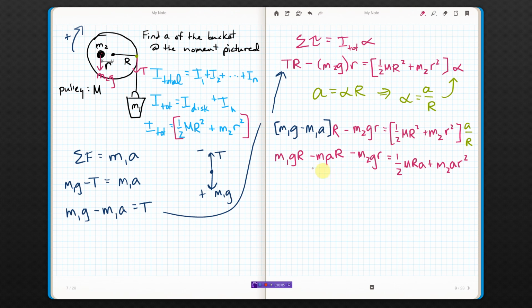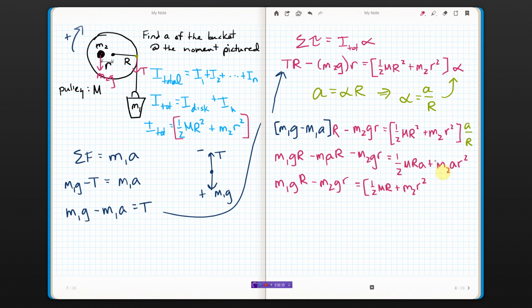Okay. Alright, like terms, what do we got? We got A, there's another A, there's another A. Let's just move this A over there, and then I'll have all my A's on one side. So on this side, I'm going to have M1G big R minus M2G little r equals, I'm going to pull all the A's out too, so I'm going to have over here 1/2 M big R plus M2 little r squared.